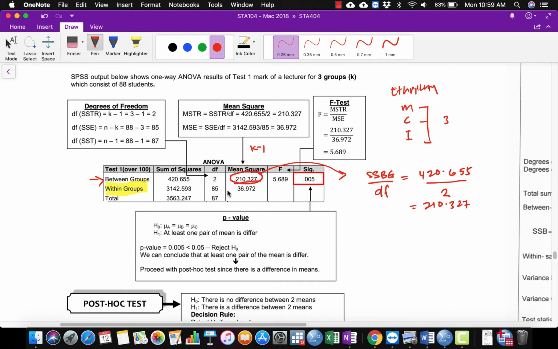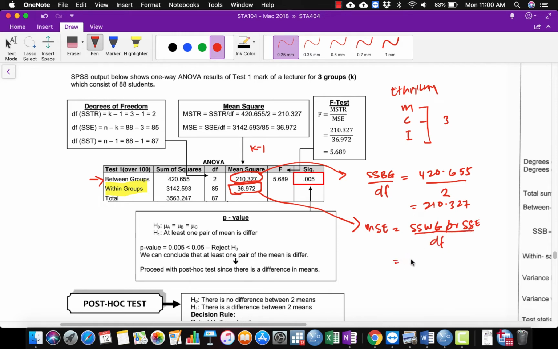For the second, the mean square within group, we normally call it the mean square error. It's the mean square error within group. The same procedure: we take the sum of squares within group, or sum of squares error, divided by the degrees of freedom.